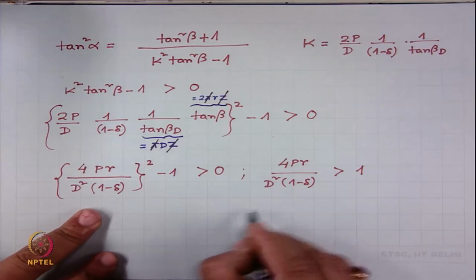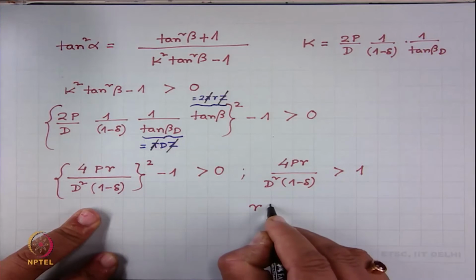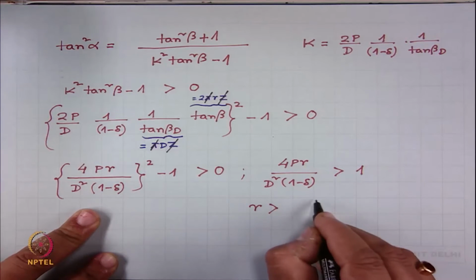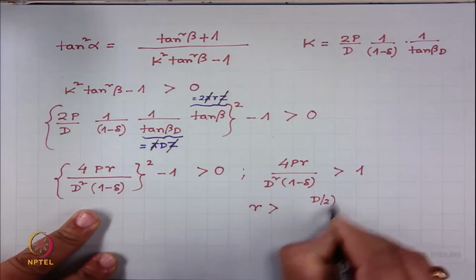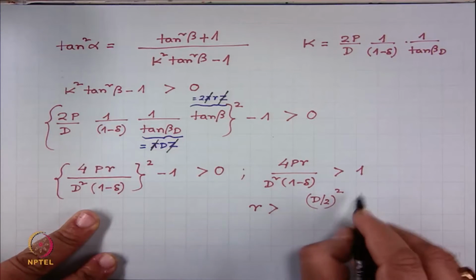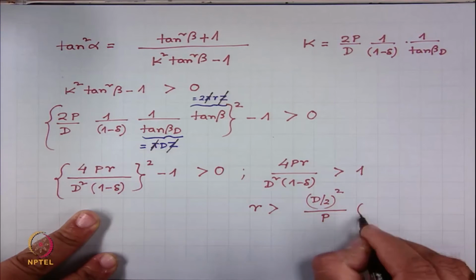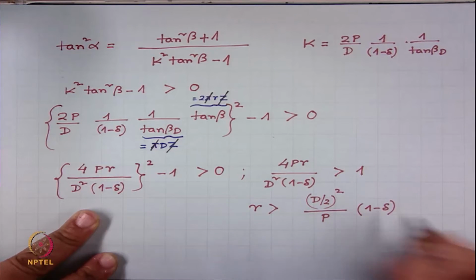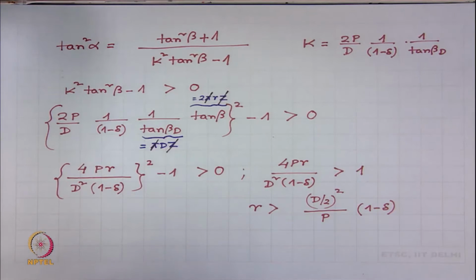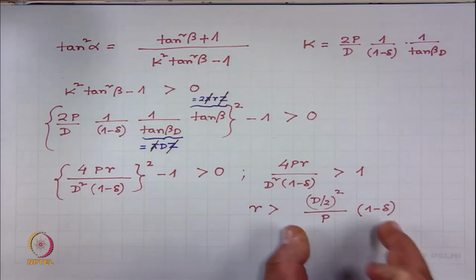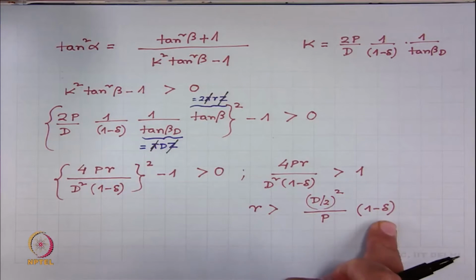So, r must be greater than this. r must be greater than a small quantity. d is very small, p is small, retraction is also small.